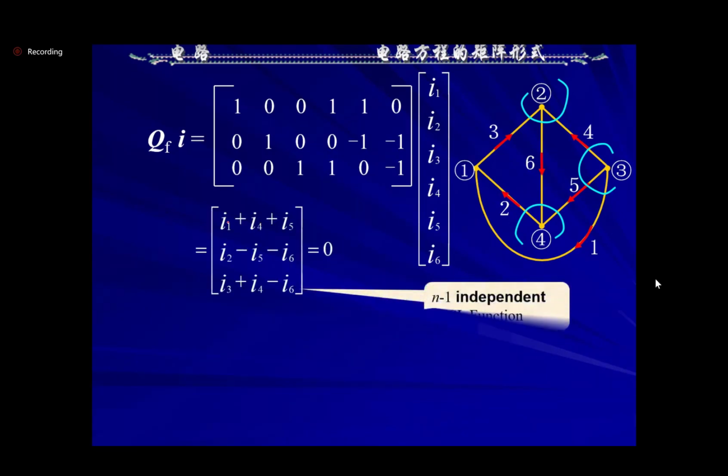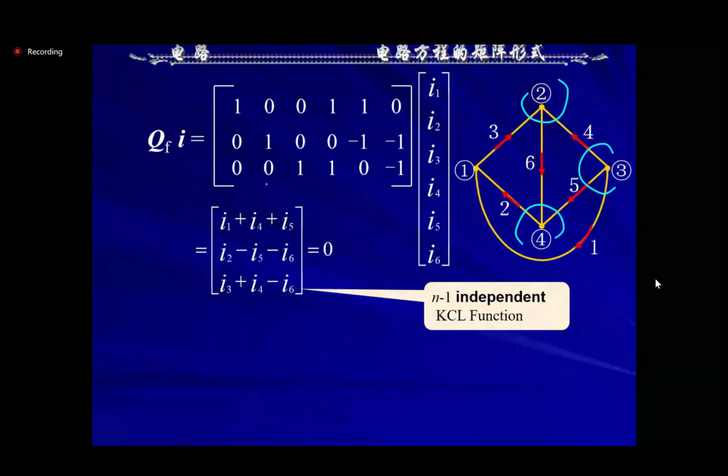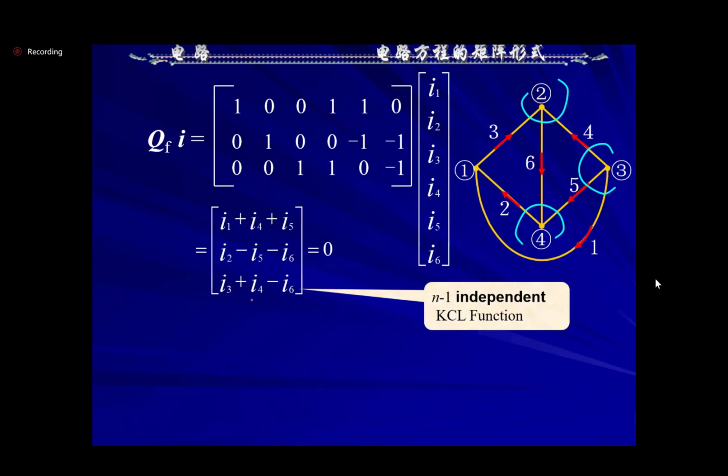We can find there will be the node KCL. I1 plus I4 plus I5 equals 0. This will be I2 minus I5 minus I6 equals 0. And Q3 is I3 plus I4 minus I6 equals 0, the KCL function.